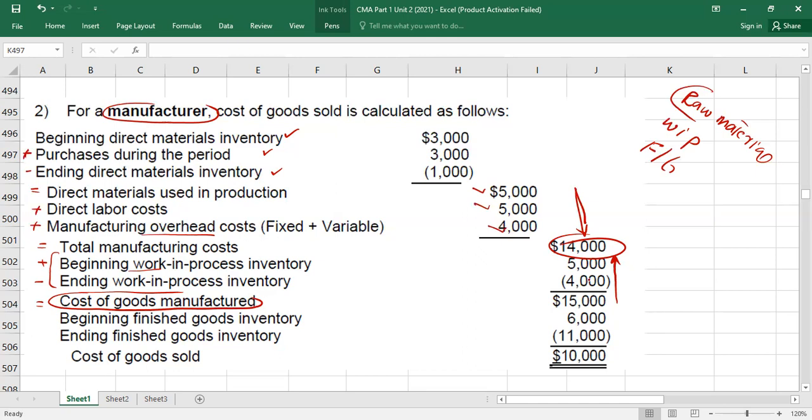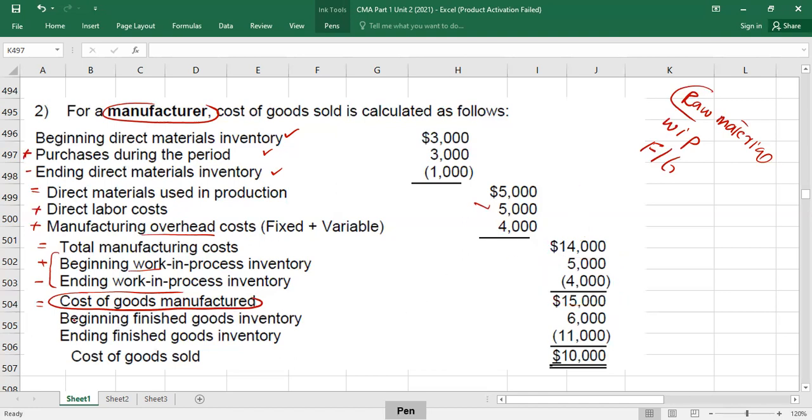Right? If you're going reverse, you have to take on your calculator what? Cost of goods manufactured. Then you have to add what? Ending work in process value. And then you will deduct what? Beginning work in process, because you are going reverse. When you go reverse, plus will become minus and minus will become plus. Understood? All possibilities, without possibility, you have to be aware.